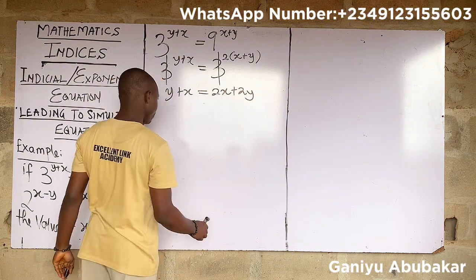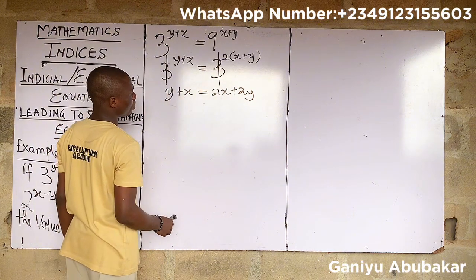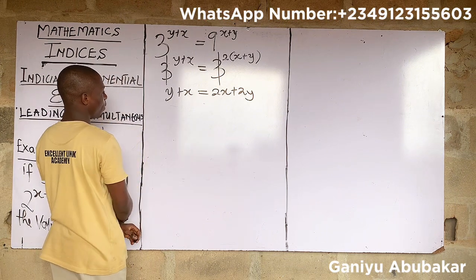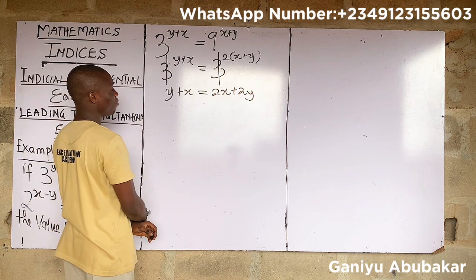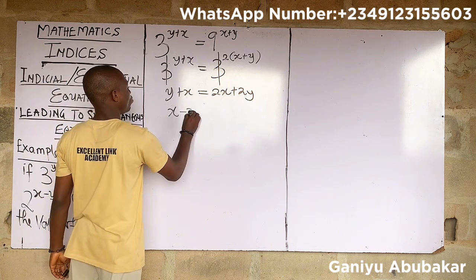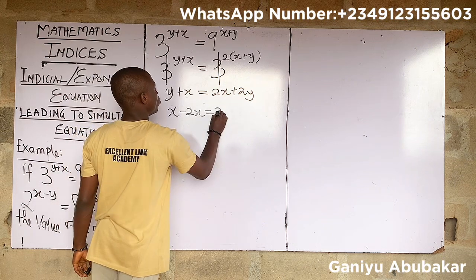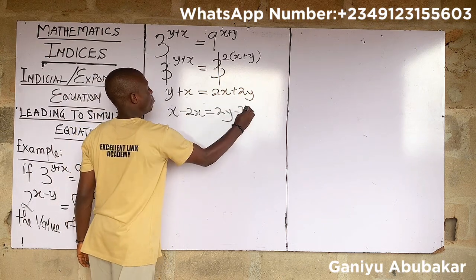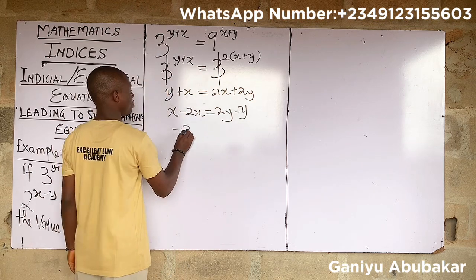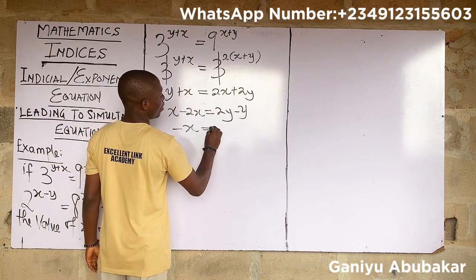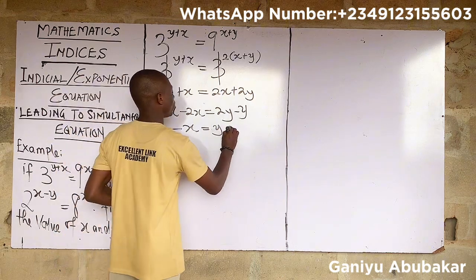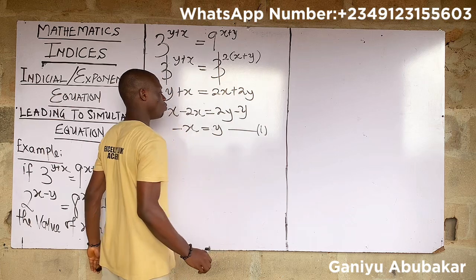I'll collect terms here, and simplify this further. So I can have x here, then minus 2x being equal to 2y minus y. So it becomes minus x equal to y. We call this one equation 1.